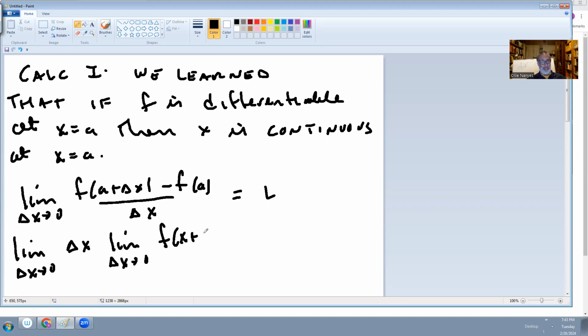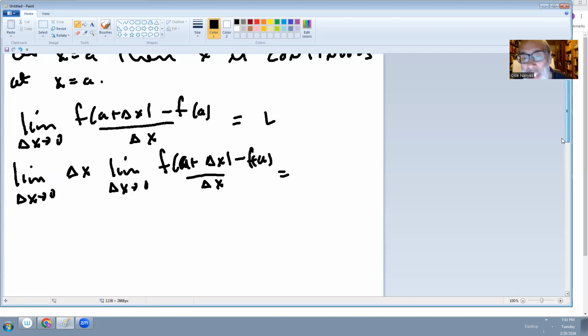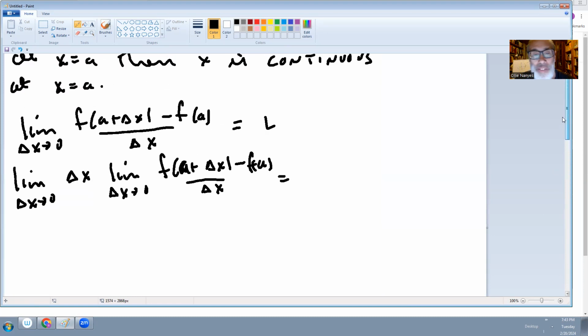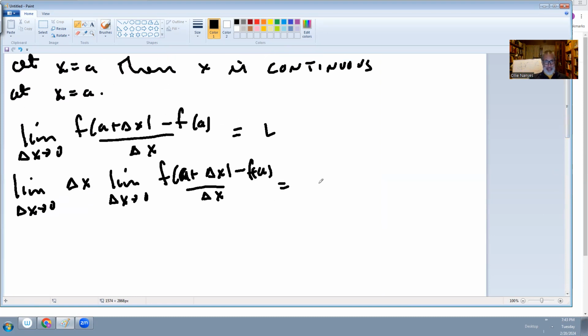And we get f of a plus delta x minus f of a over delta x, and that must equal the limit as delta x goes to 0 of delta x times L. Now, because L is a finite number, this side is 0.